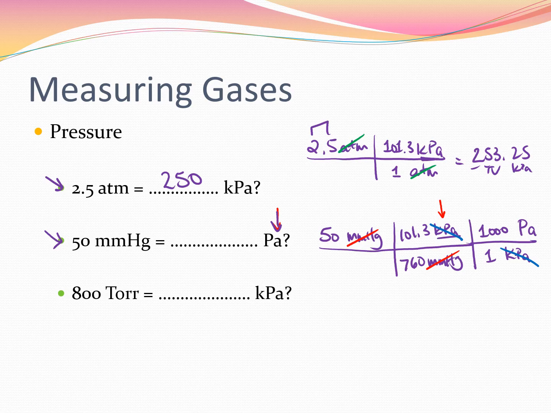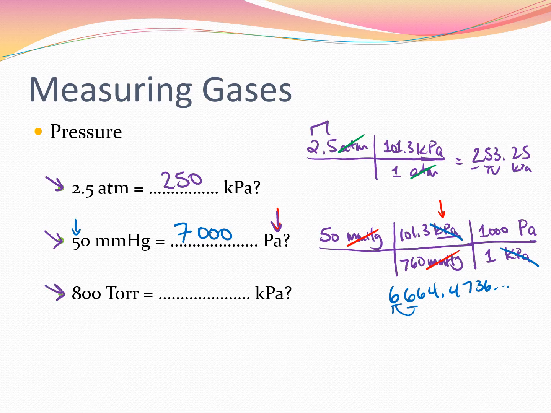With my handy-dandy calculator, 50 times 101.3 divided by 760 times 1,000 divided by 1 gives us 6,664.4736. So many digits. How many sig figs do we get to keep? Just 1. So that 6 is going to turn into a 7, and our final answer is 7,000 pascals. 50 millimeters of mercury is equal to 7,000 pascals.